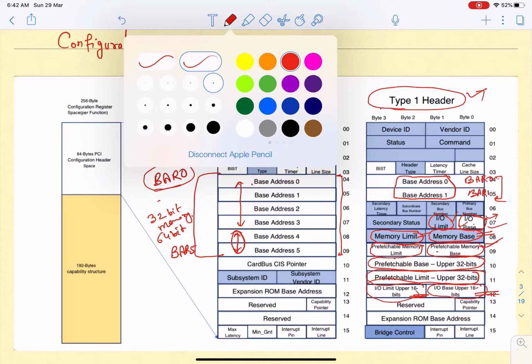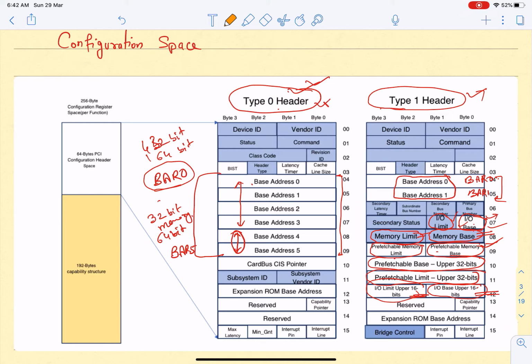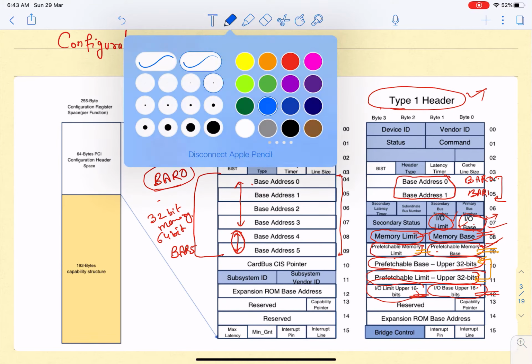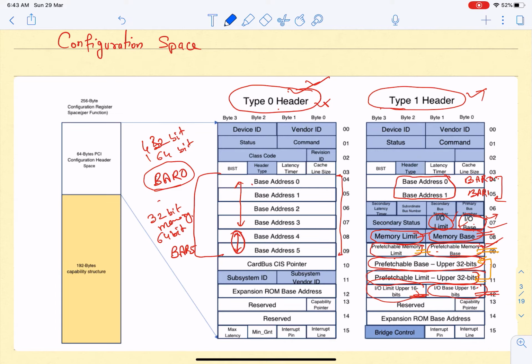For 64-bit, the 32-bit base will be from here, the limit will be from here, and the upper 32 bits will be configured here. Once more, for prefetchable, the base will be configured here, the limit will be here, and the upper 32 bits will be configured here. For memory base, the 32-bit memory base will be configured here and the limit will be configured here. How it will be done, we will discuss next.